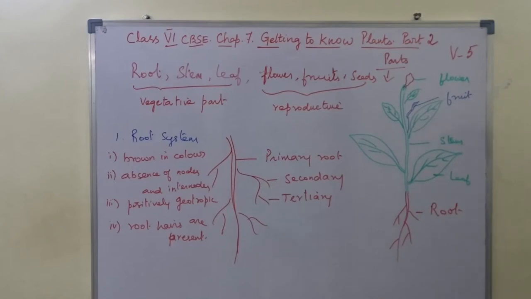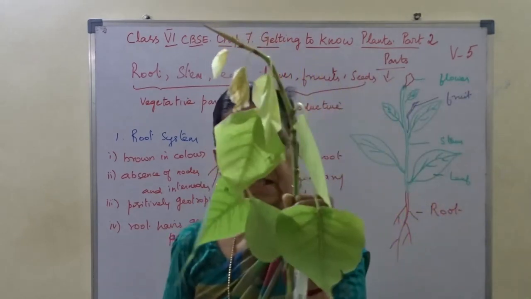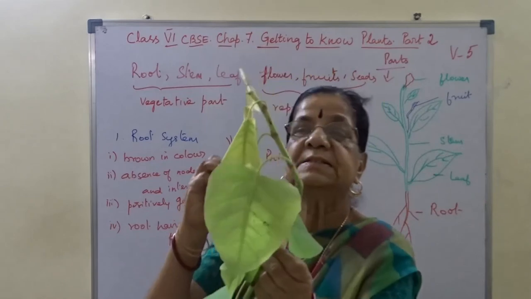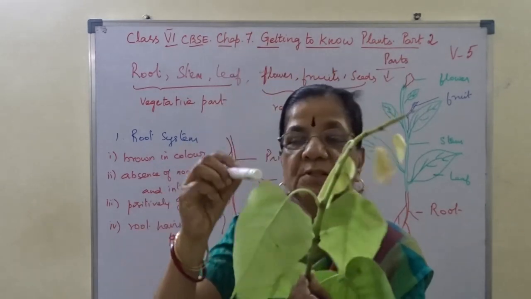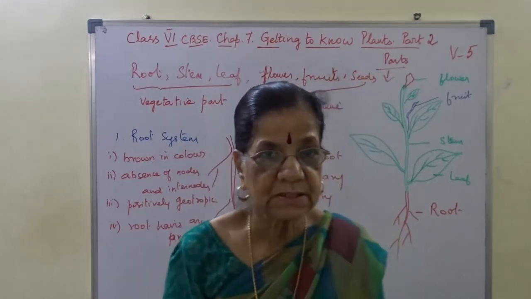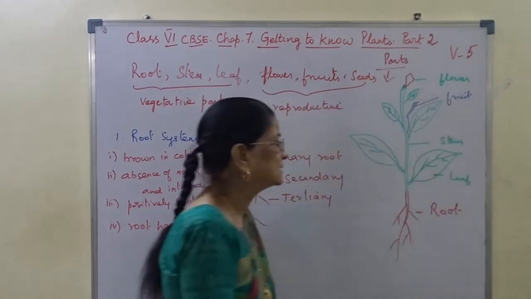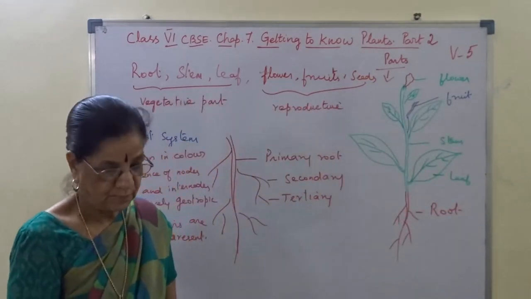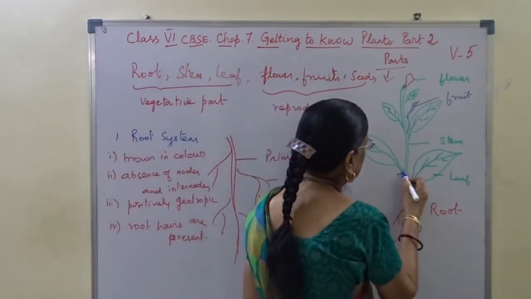What I said? Yesterday I showed you the parts of the plant. See this plant, with nodes and internodes. The region from which the leaves arise is known as a node, and the space between two nodes is called an internode. So here, this is the nodal portion.